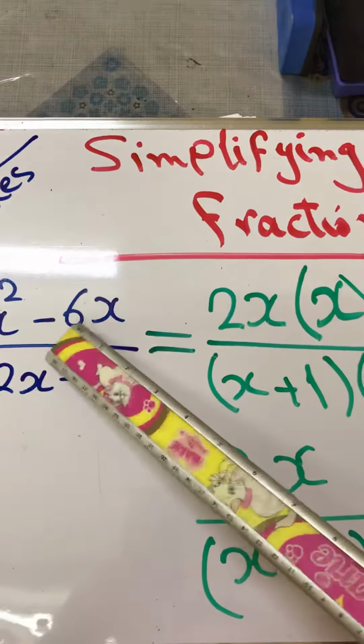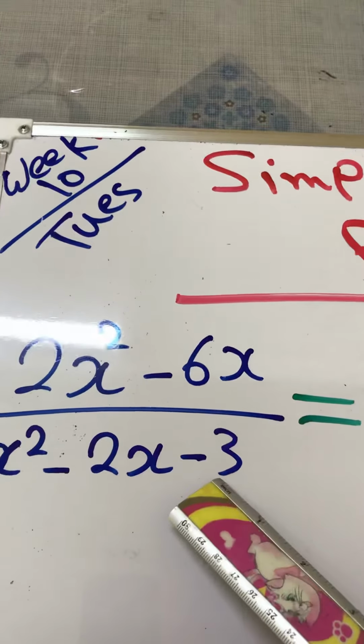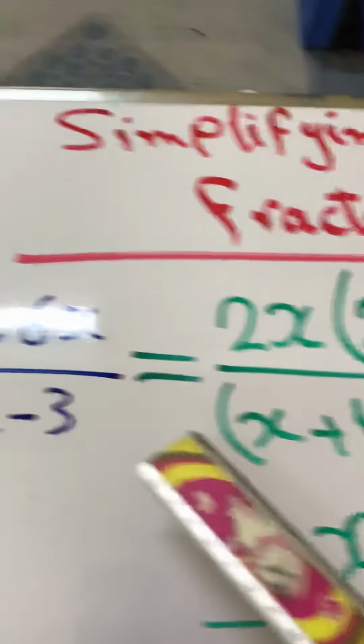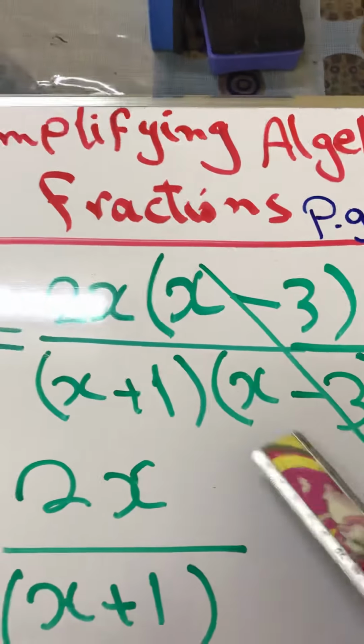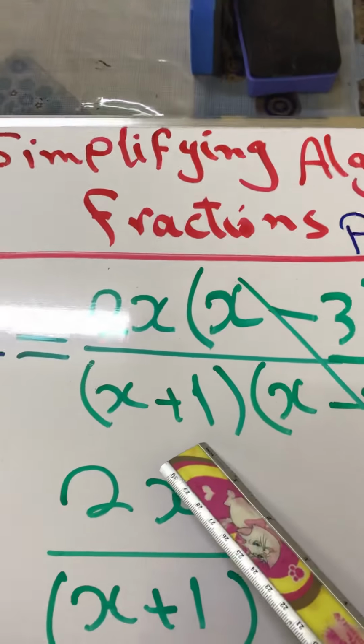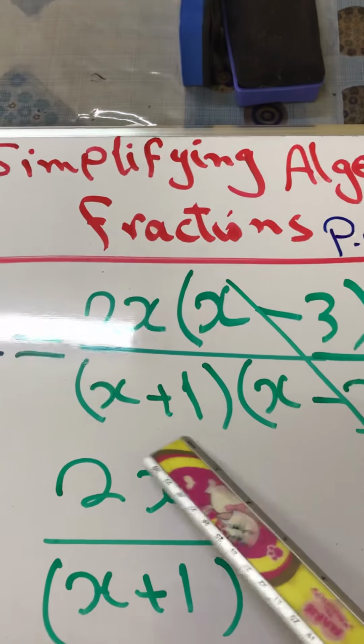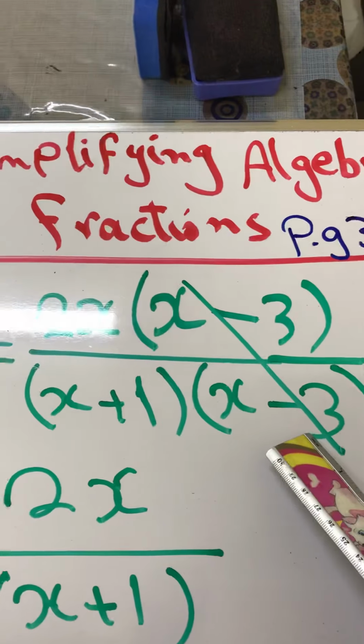The middle term is negative, so I'll give the bigger number the sign of the middle term. 3 comes from 3 times 1, one positive and one negative, so the bigger one will take the negative sign. So here it will be negative 3 and positive 1. Now I have brackets x minus 3 over brackets x plus 1 times x minus 3.